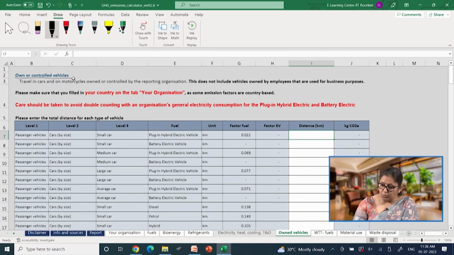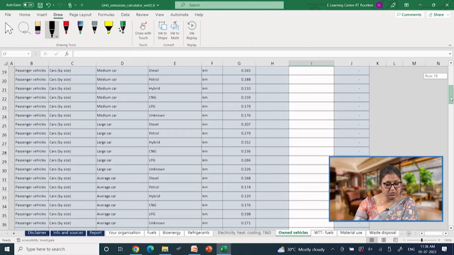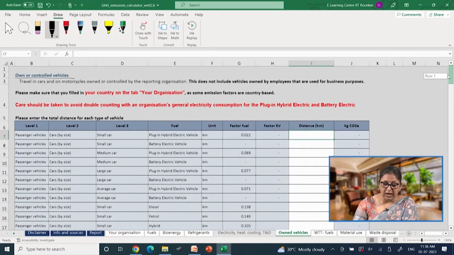Now, here what type of vehicles do we have, how many, and the units, the kilometers that they run, the fuel, so the distance, how much they run, and the vehicles that we own.